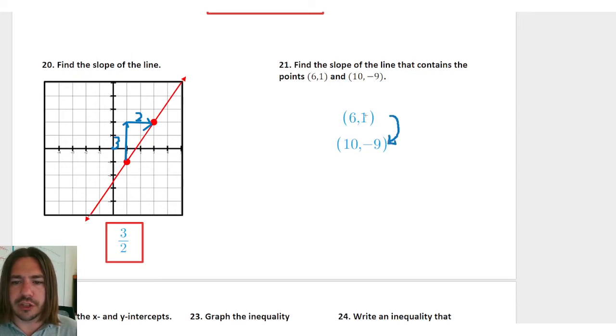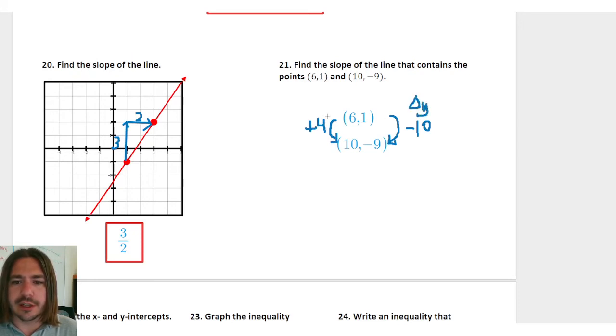And first we'll look at the change in y. The change in y here is going to be, going from 1 to -9 is going to be minus 10. And then to go from 6 to 10, I've got to add 4.